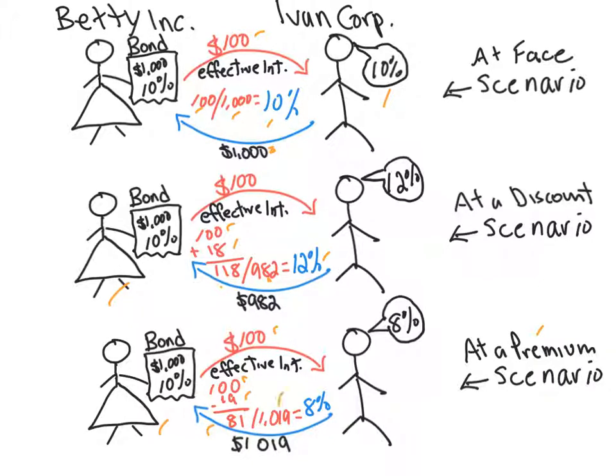If you divide that by the 1019 proceeds, that gives you the 8%. That is what he requires in this scenario. Notice again that the $100 is the 10% that comes from the bond interest payments, and the $19 represents a 2% reduction to match the contract rate to the market rate.